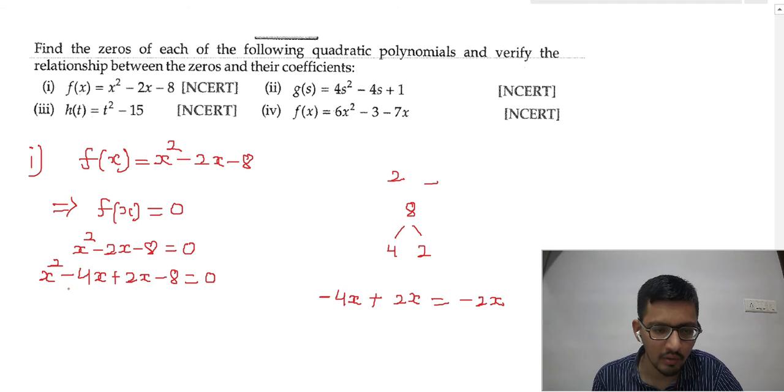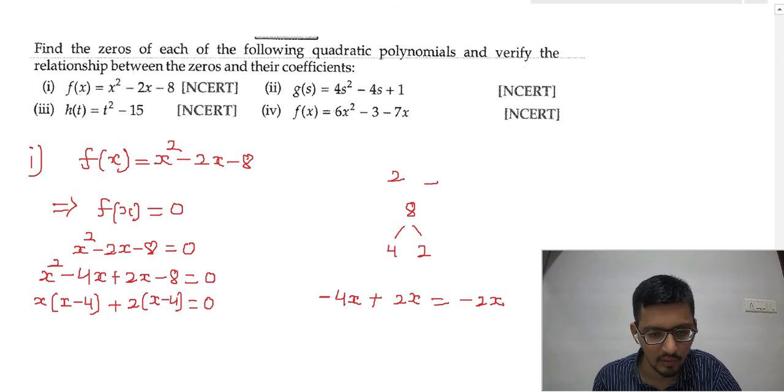Now, what common can I take from the first two terms? x. So in the bracket I write x minus 4, plus, from the last two terms what common can I take? 2. So in the bracket I write also x minus 4. Very clearly we can see these two brackets are the same, so you write it a single time and combine the remaining terms: x plus 2 is equal to 0.